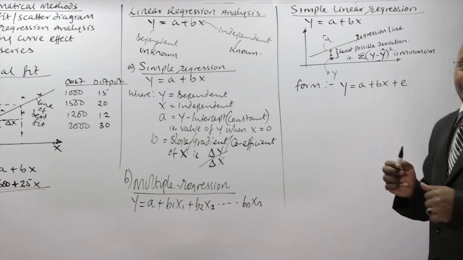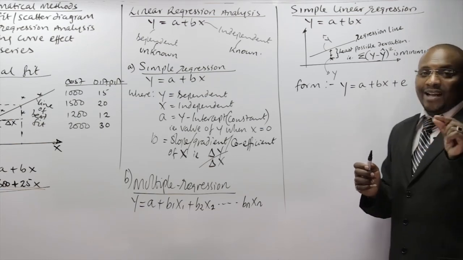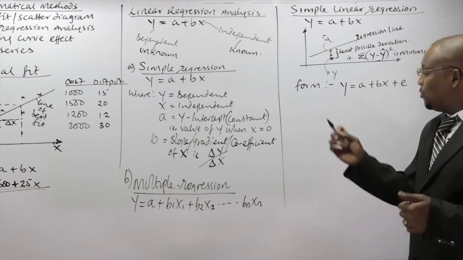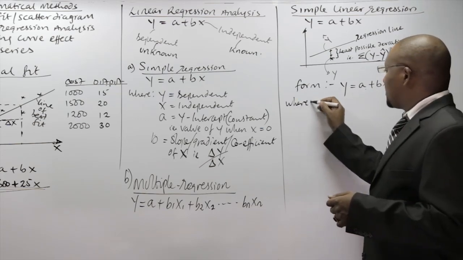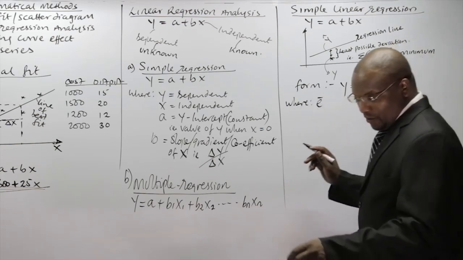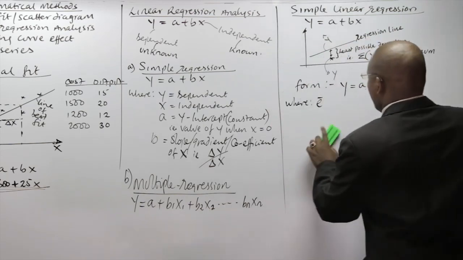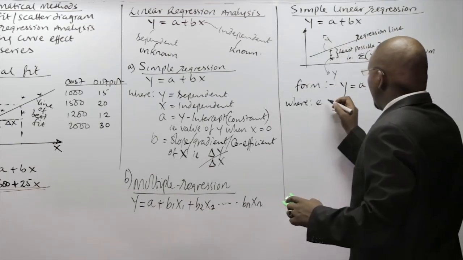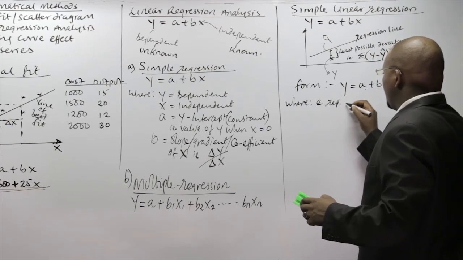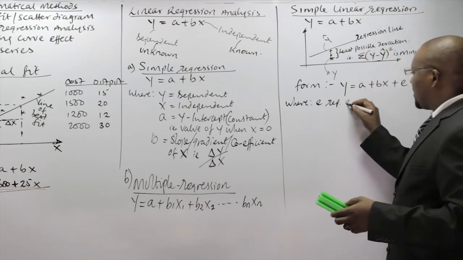This e is for any error that may not be explained. So we can say that where this e, small letter e, represents the error term.